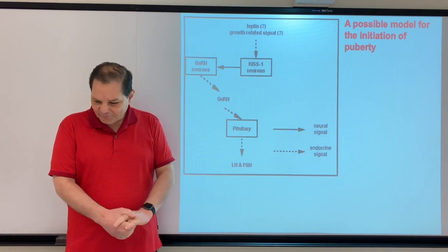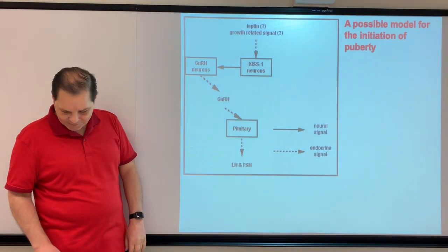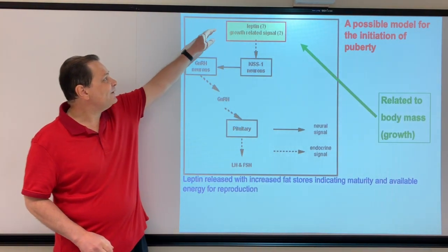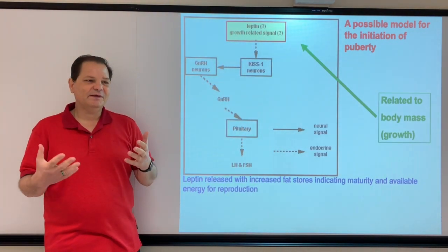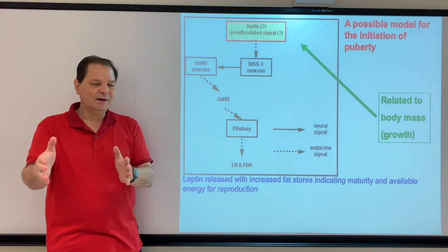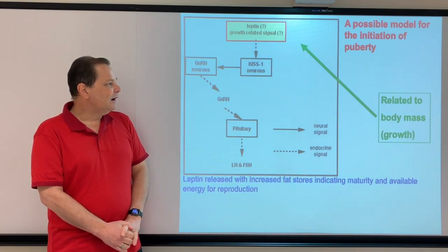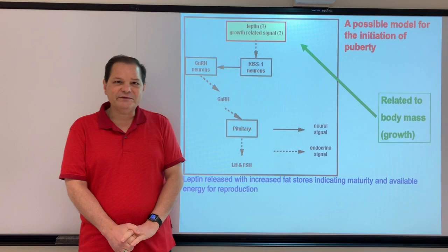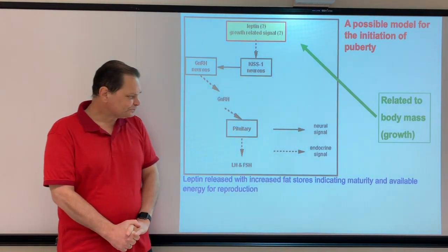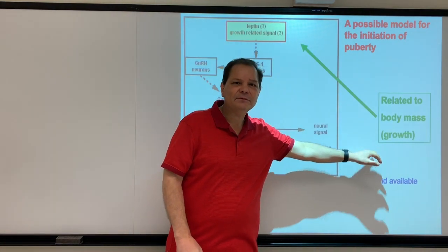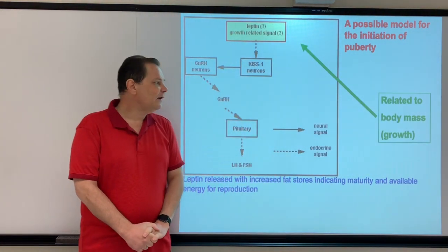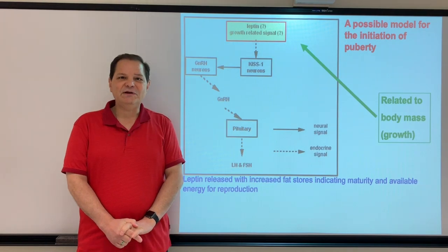The theory for one model, at least, begins with leptin, which seems to be associated with this transition into adulthood. And leptin is actually secreted from adipose tissue. And so the more body mass you have, the more adipose tissue you have, the more growth you've achieved.